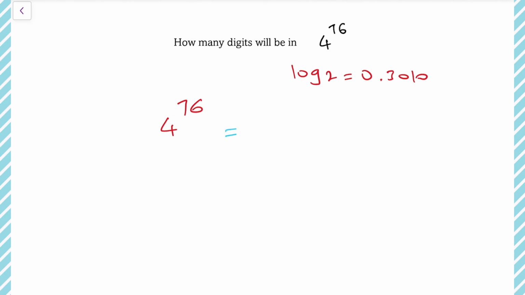So 4 we can write as 2 square, power 76 as usual. If powers are there with a bracket, it means we need to multiply those powers. So 2 power 2 into 76, that is 152. Now here log 2 value is given, as well as we got base 2. So just apply log for this number now.